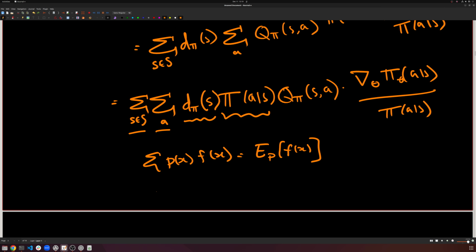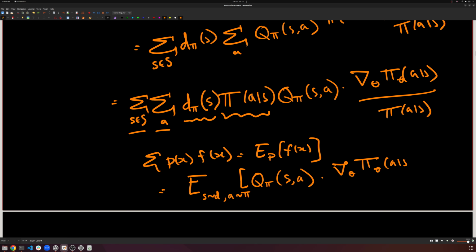So technically, we can rewrite all of this as one big expected value, with the state coming from our stationary distribution and the action coming from our policy, applied to Q pi(S, A) times the derivative of pi theta(A given S), divided by pi(A given S).